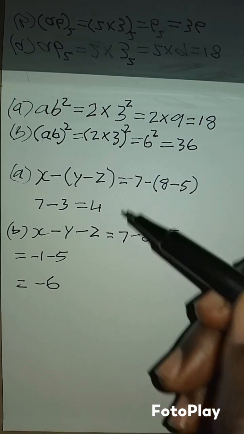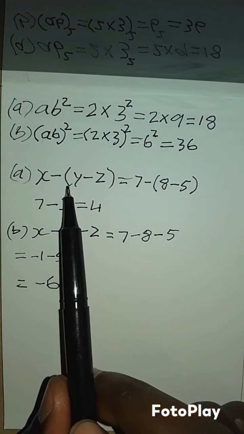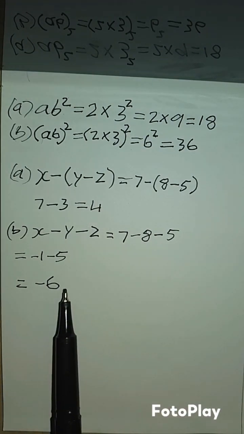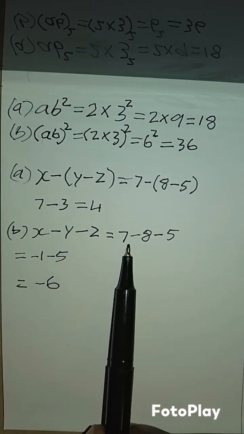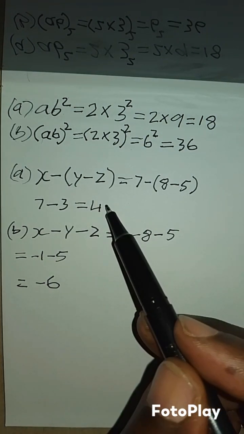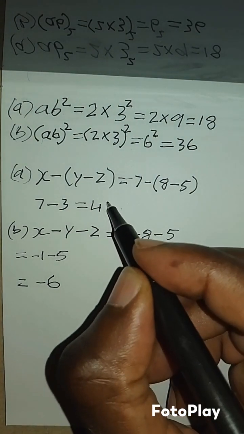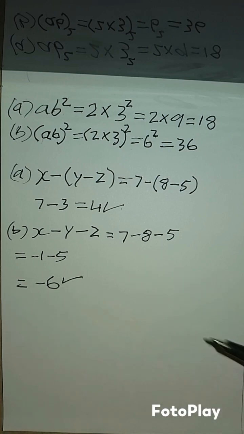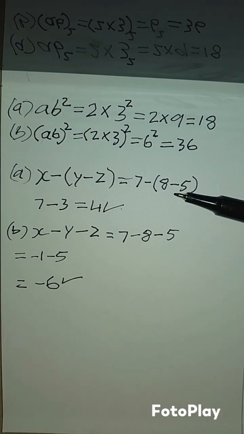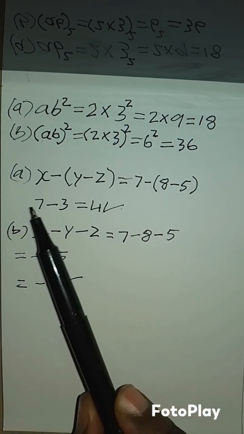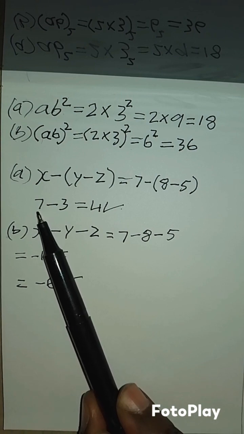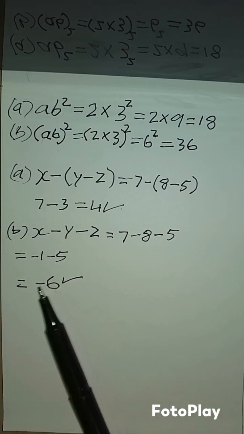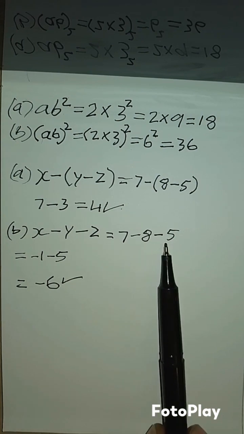So if you check here, with bracket and without bracket, your answers are different. Here it is 4, here it is 6. The difference is because of the bracket. Firstly, you are solving the bracket numbers before you subtract the last number. While in this one, without a bracket, you can start with any number.